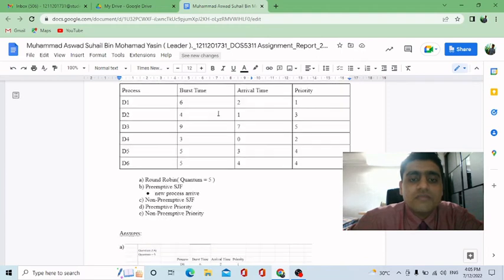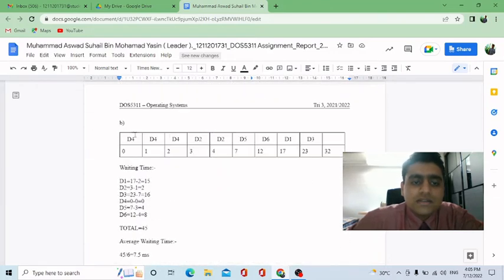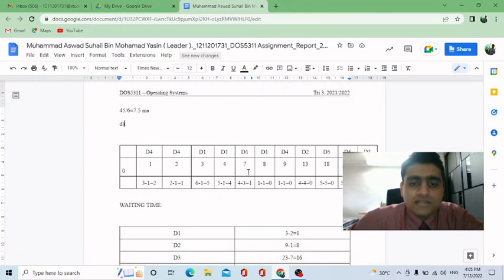In case the burst time or arrival time is the same, or either priority is the same, one of these will be different. So we need to look for the differences, and then decide which process we need to execute first, just like this.